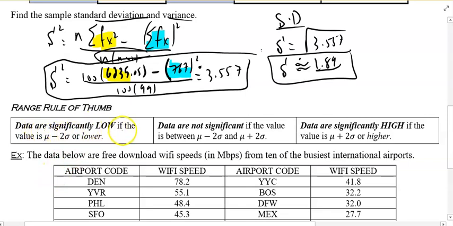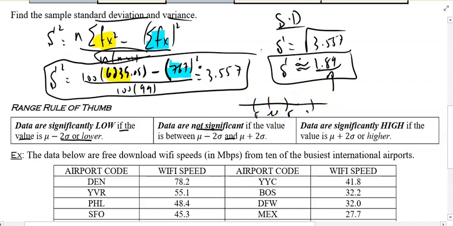Data are significantly low if the value is 2 standard deviations below the mean. Data is not significant if the value is between 2 standard deviations. So this is the mean. You add a standard deviation and you subtract a standard deviation.